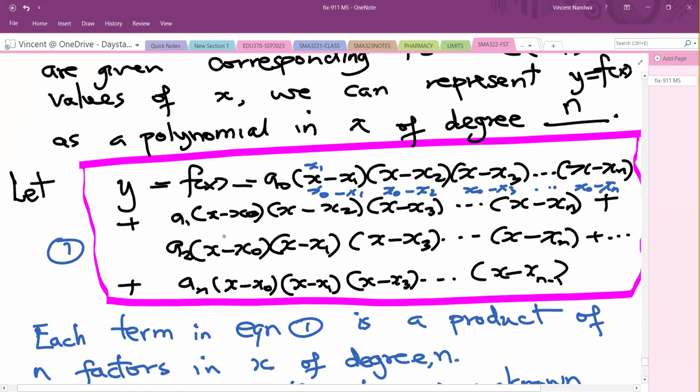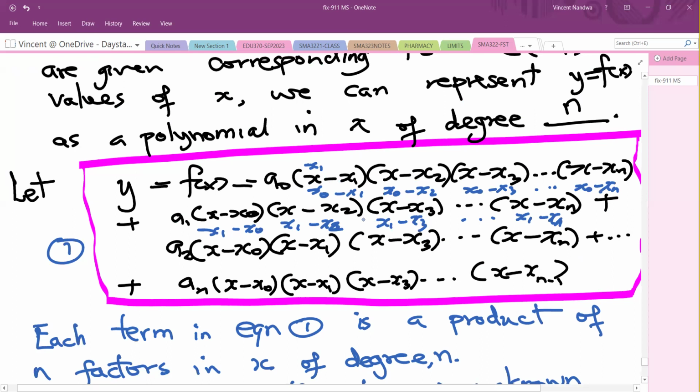So we'll have x1 minus x naught, x1 minus x2, x1 minus x3, all the way up to x1 minus xn. So there's some symmetry between the denominators in each ai and the factors involving x in the original f of x function.